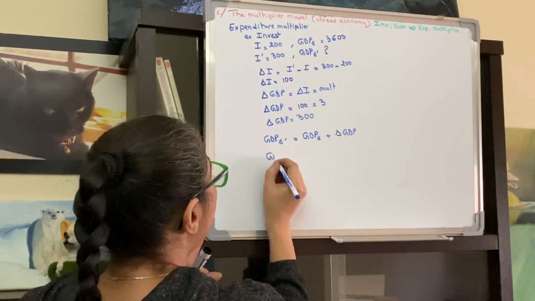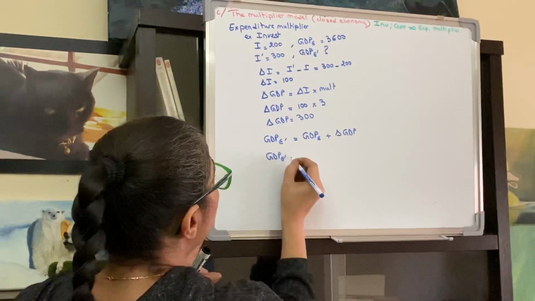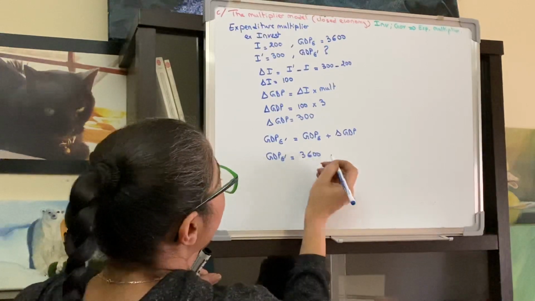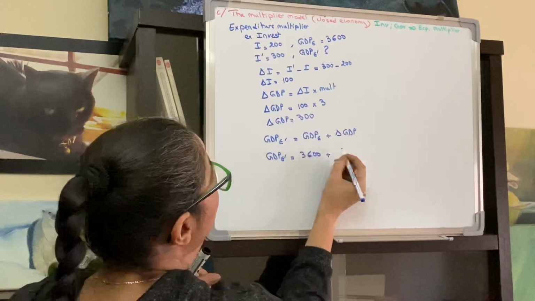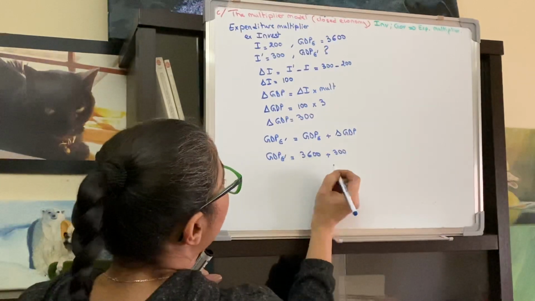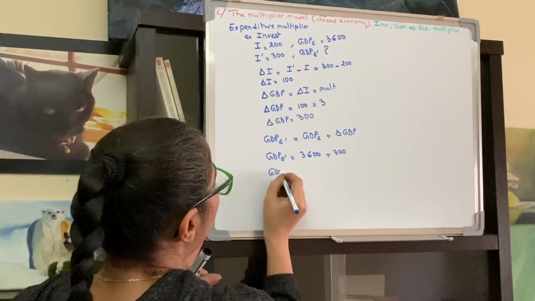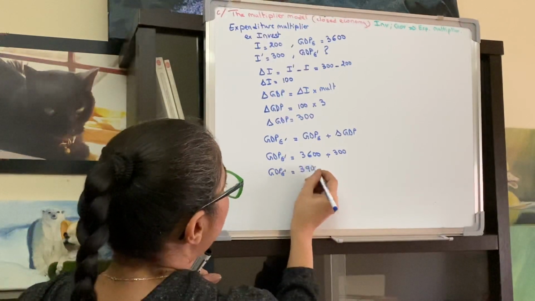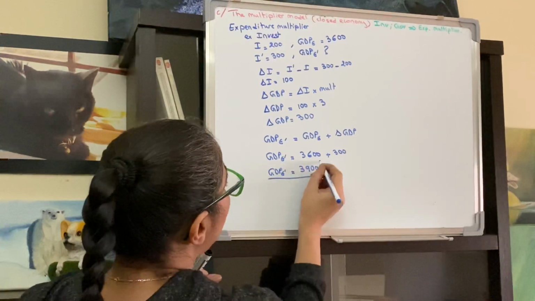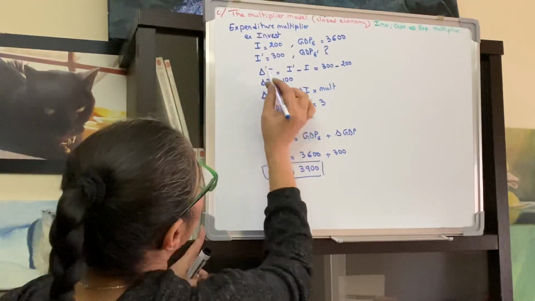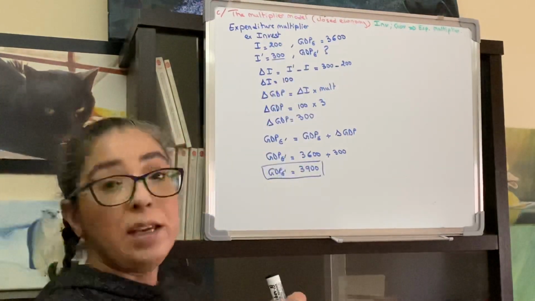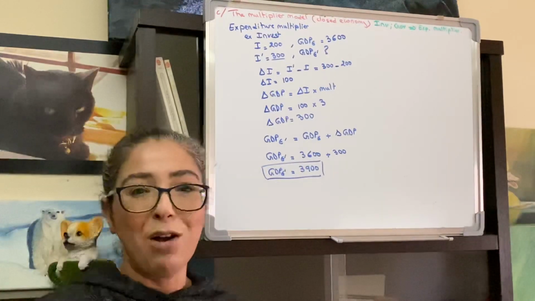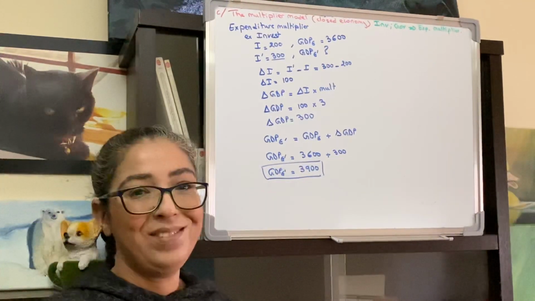So GDP E prime is equal to 3,600 plus delta GDP, that is 300, which means GDP E prime is equal to 3,900. And you're going to see that when the investment is 300, in the table we have made, we found that the GDP was 3,900.